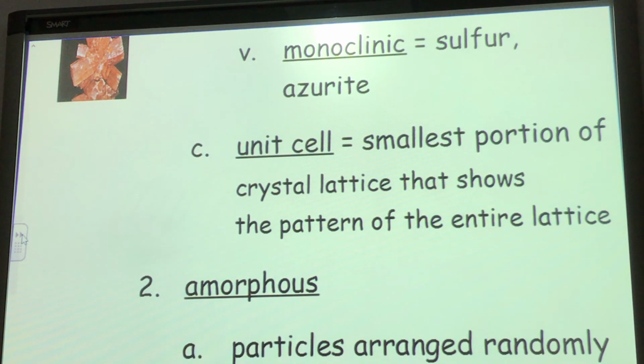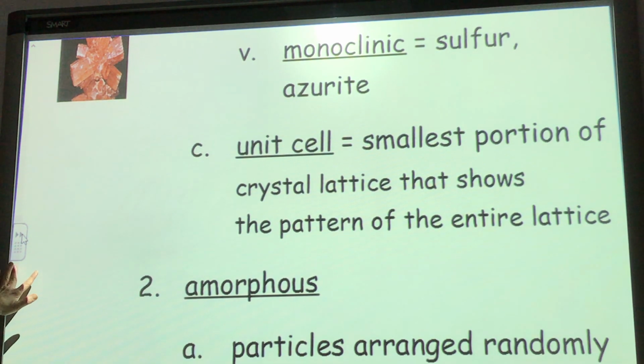If any of you have ever made crystals when you were a little kid, sugar crystals or anything, you could watch them. I mean, not that you could stand there and stare at them, but day by day they get bigger and bigger. That's because that unit cell formed microscopically, very, very small, just a few atoms or molecules, and everything else just keeps laying in that pattern on top of it. Okay, that's called the unit cell.